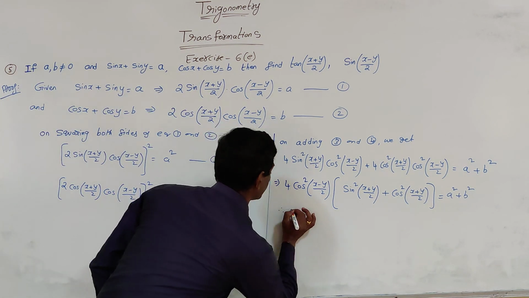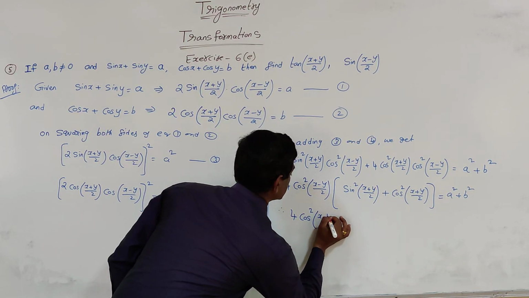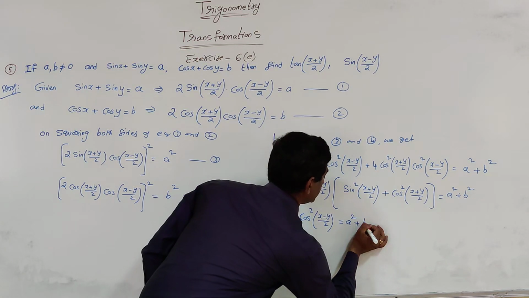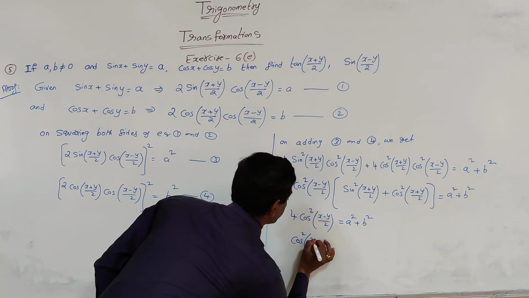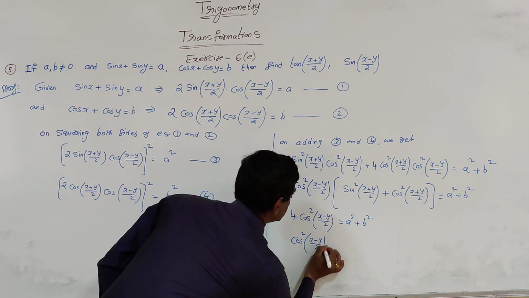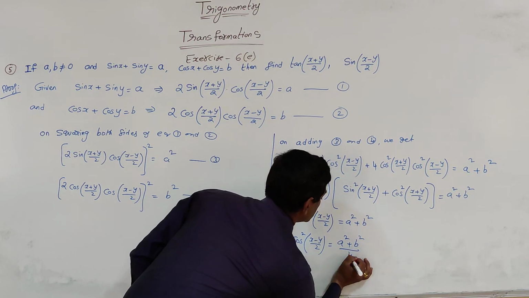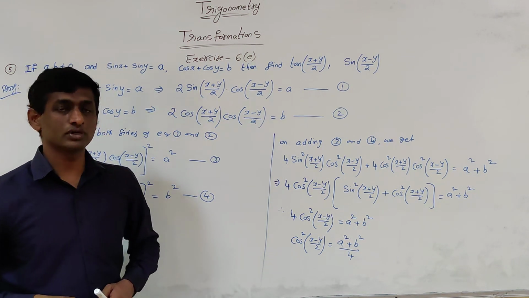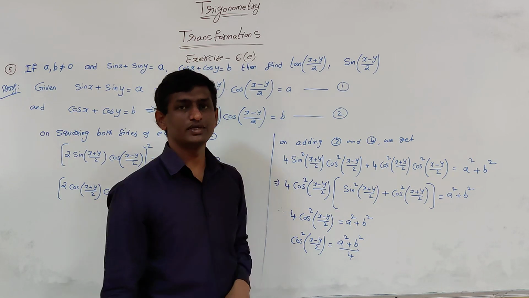Therefore 4 times cos square of (x minus y) by 2 is equal to a square plus b square. From this, cos square of (x minus y) by 2 is equal to (a square plus b square) by 4. But what we have to find is sin of (x minus y) by 2.